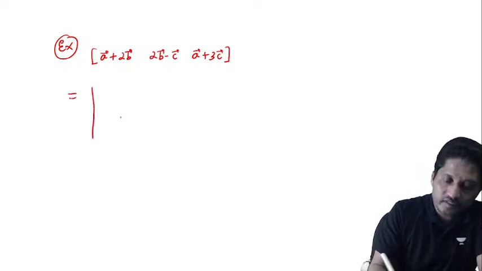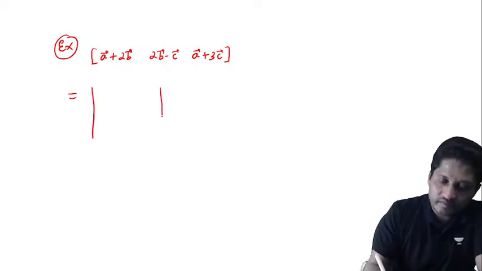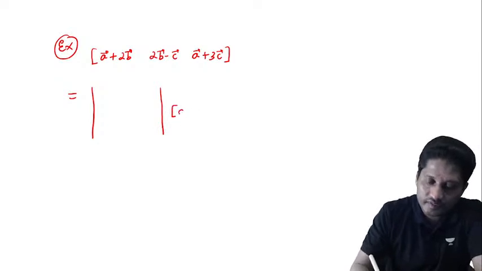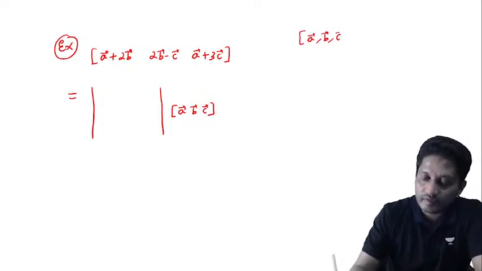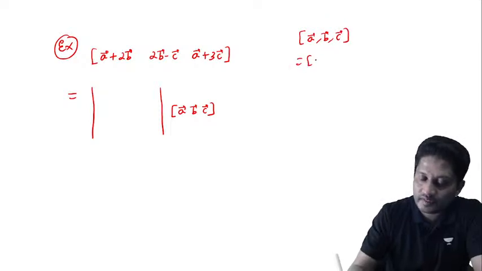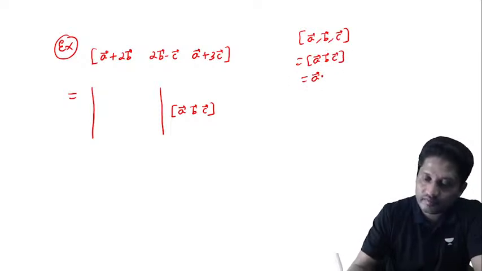A box of ABC is always a determinant, right? So this is a determinant. Here we write box of ABC, that is A dot B cross C. We all know this, box of ABC with comma, without comma, is the same as A dot B cross C. So this fellow is A dot B cross C.